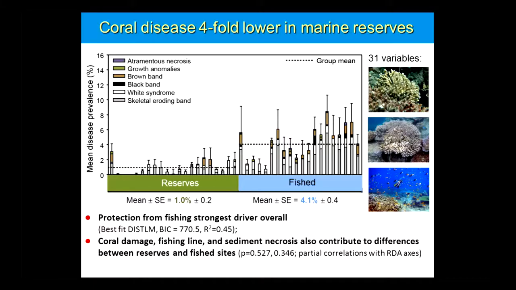There was also some correlation with coral damage, fishing line, and sediment necrosis. But overall, I think this highlights that if you reduce the impacts associated with fishing, that is good for coral health. This is in contrast to a previous study in the Philippines, which suggested that, in fact, it was intact functional fish communities that were responsible for improving coral health in marine reserves.